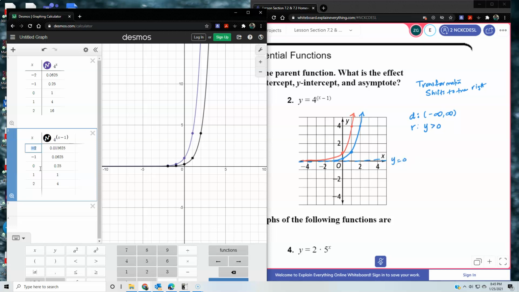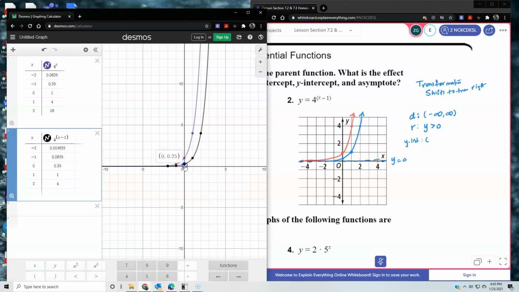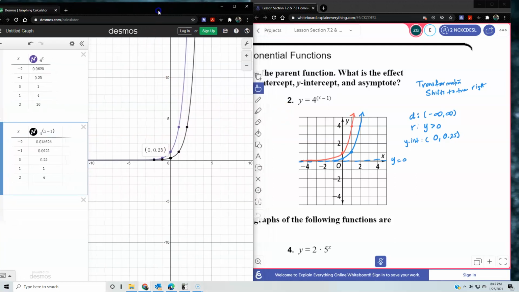Then we look for the y-intercept, which is when it crosses the y-axis. So it's (0, 0.25).